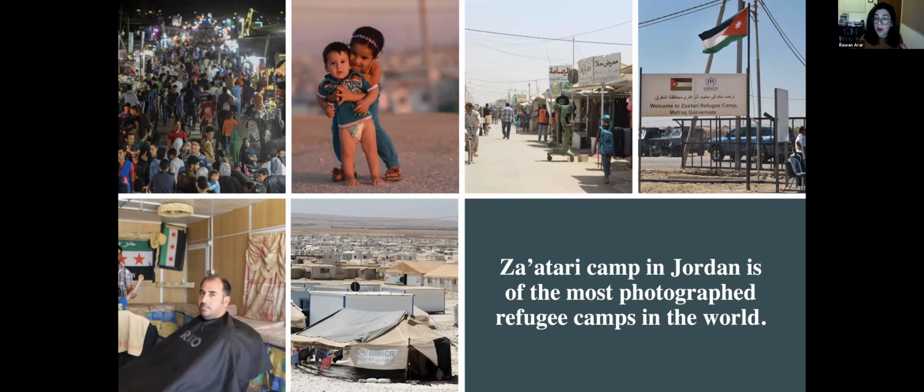And what I want us to think through is, why is it that images that come from refugee hosting in the global south don't really depict the ways in which states work to control migration, even though it is the case that major refugee host states in the global south are invested in controlling the movement of refugees and migrants.